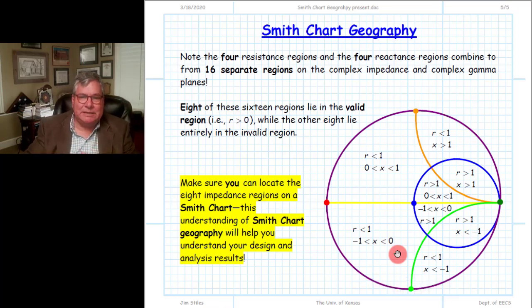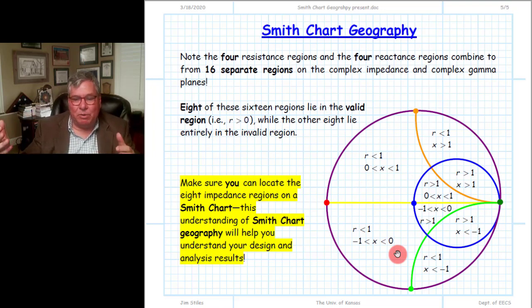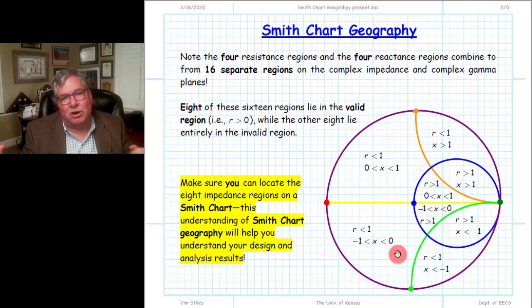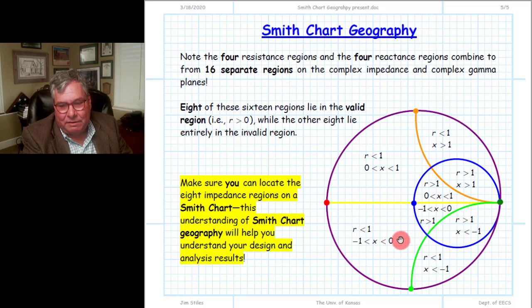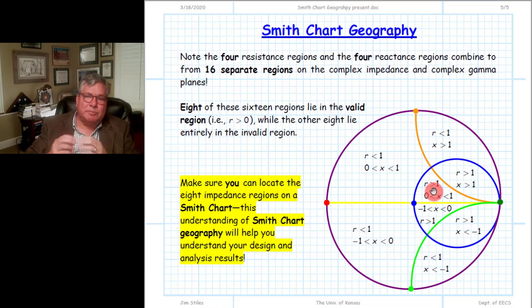Putting all these pieces together, we can take any arbitrary point on the Smith chart and have some understanding of what the impedance is going to be that resulted in that mapping. If we were here, for example, in this region, we would immediately know that the corresponding impedance has a resistive value greater than 1 and a reactive value which is positive, but less than the value of 1.